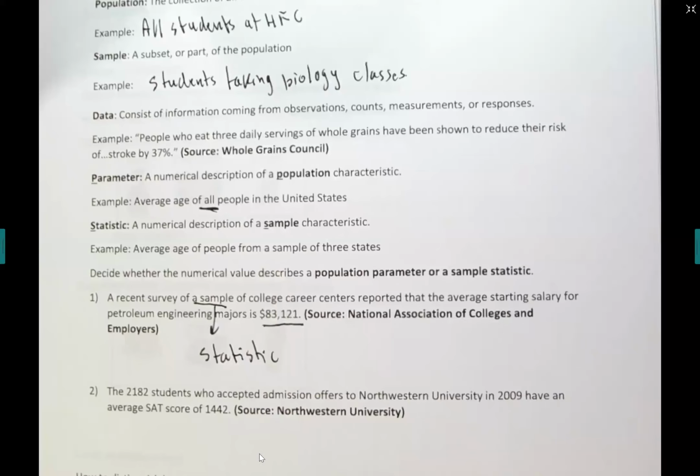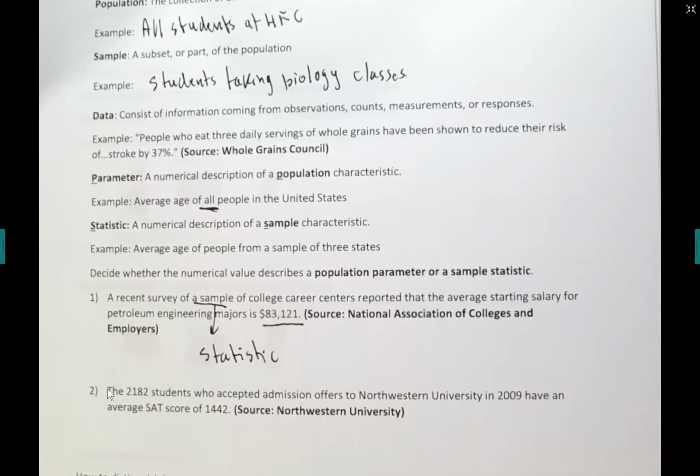You can text me. So what do you think? It's a parameter, okay. You can reply to all so the others can see. But why is it a parameter?